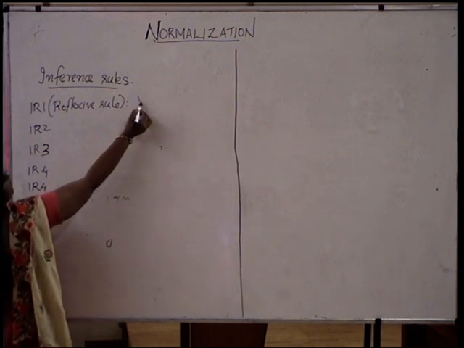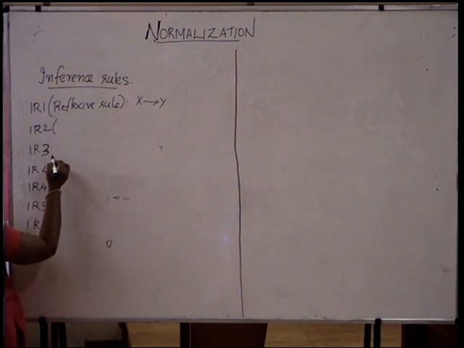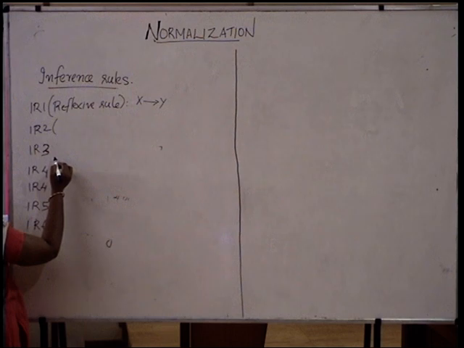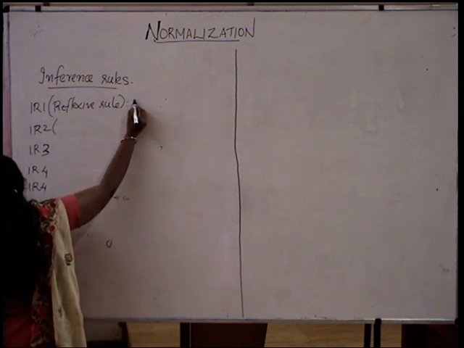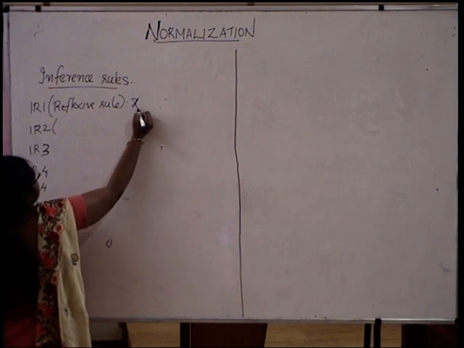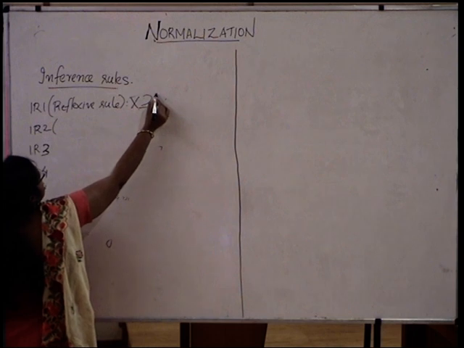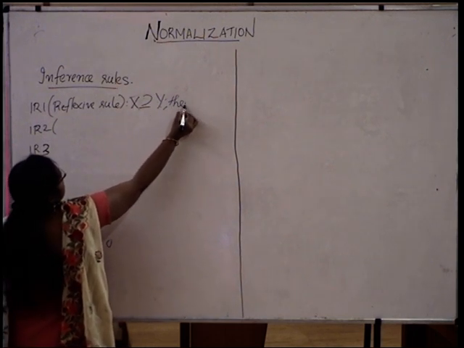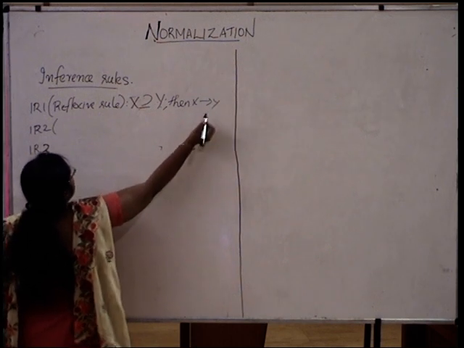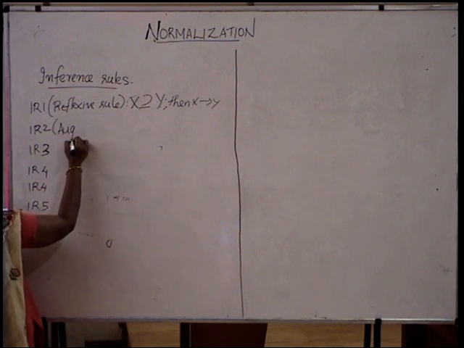That is, if X is a superset of Y, then X implies Y. IR2 is augmentation rule.